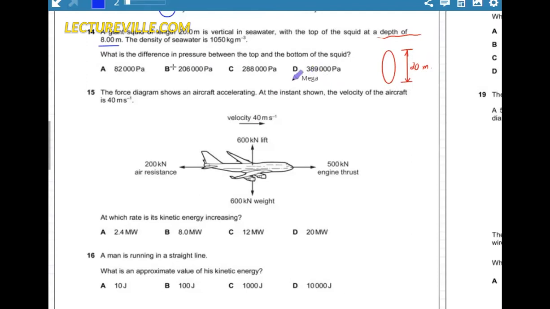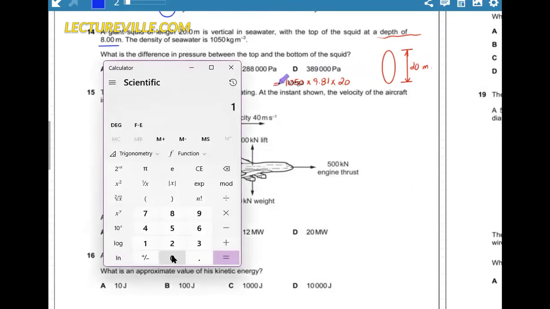Rho is 1050 into 9.8 into height, which is 20. And using a calculator, I get 1050 times 9.81 times 20.